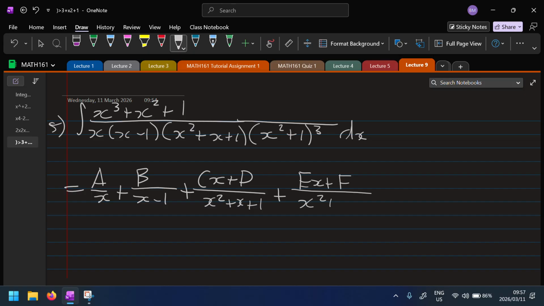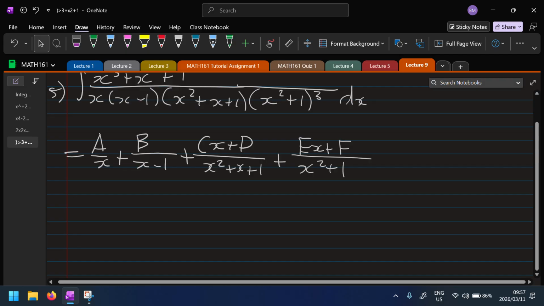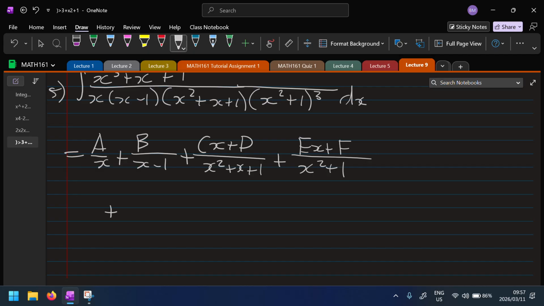So that's for the first repetition. Now we need for the second one. We can't use the same letters. It's all separate terms. So just follow the pattern. G, or squared, exactly.